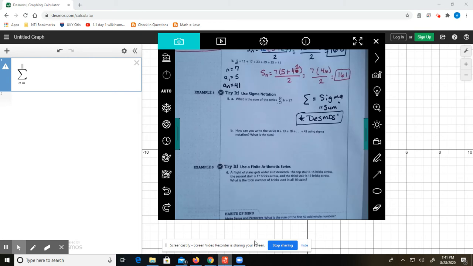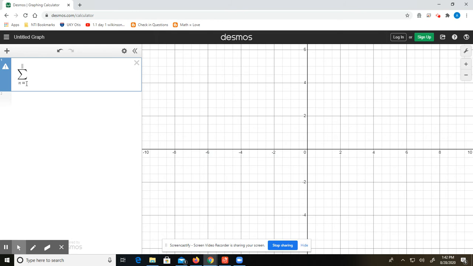And then you just type in exactly what you see right there. Okay, now Desmos makes you use the letter n, so just imagine the i was an n. Okay, we don't have to change anything around. So we go to n equals 1. On top is 13, and then it's 3n plus 2, and it tells us right in Desmos what our answer is, 275.